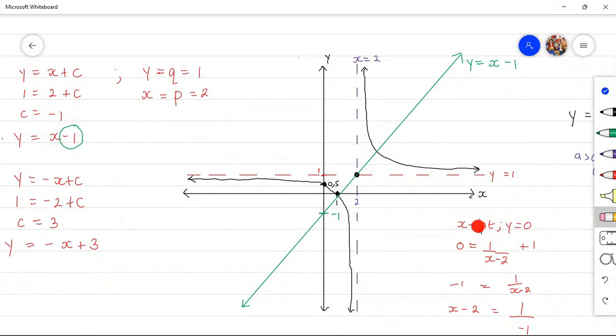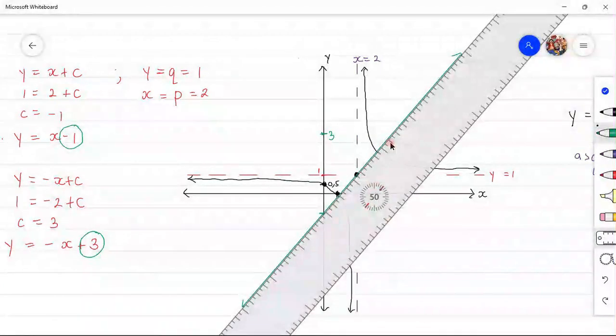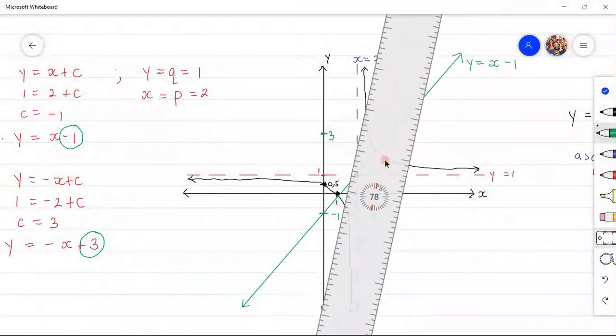Let us now draw our negative axis of symmetry line. So let's erase this a bit and clean this up. Now our negative axis of symmetry line is going to be similar to our m less than 0, or negative gradient, linear function. From the information we calculated, we know that c is positive 3. So let's make positive 3 over here. We have our point of intersection of our asymptotes, so we have our 2 points needed to draw our straight line.